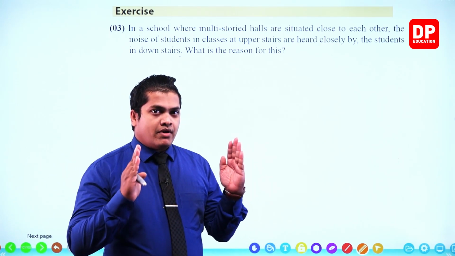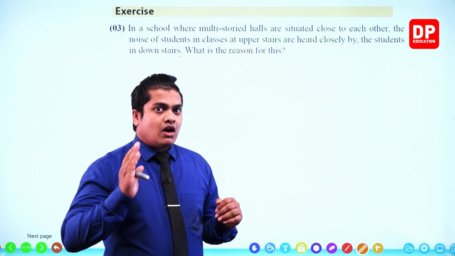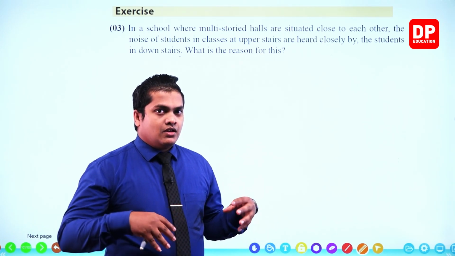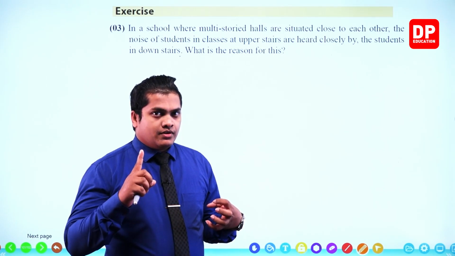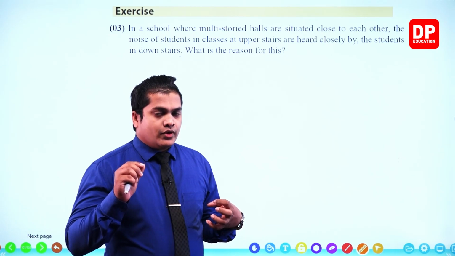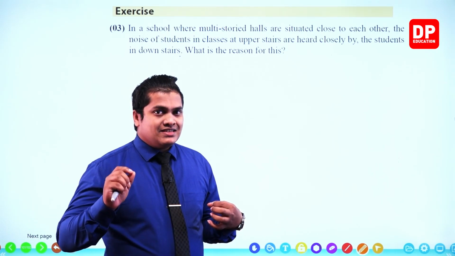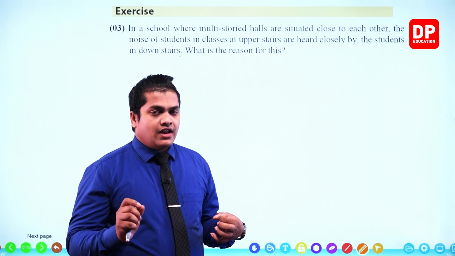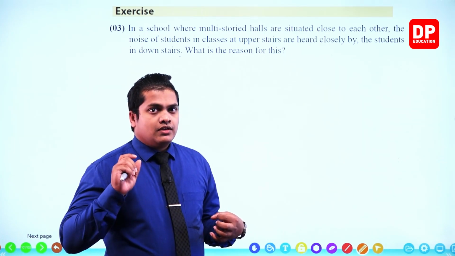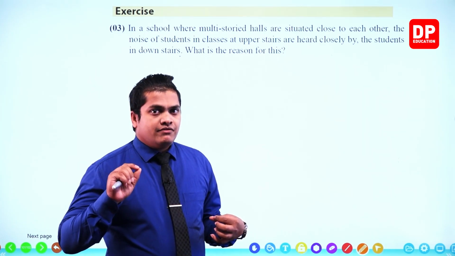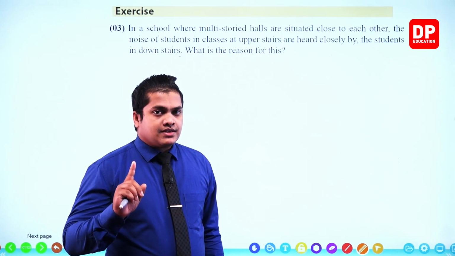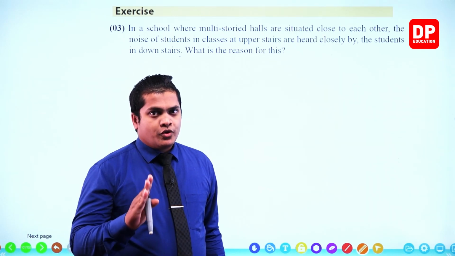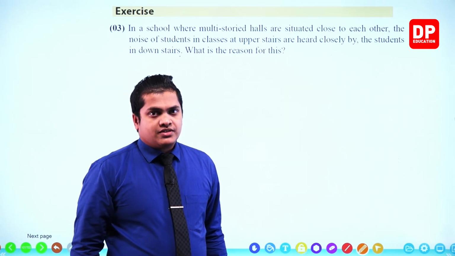As there are multi-halls with multi-buildings, the students at the top are going to emit sound waves, and these sound waves are reflected back several times with the help of those buildings. And my dear children, these reflected sound waves travel towards the students at the lower level.